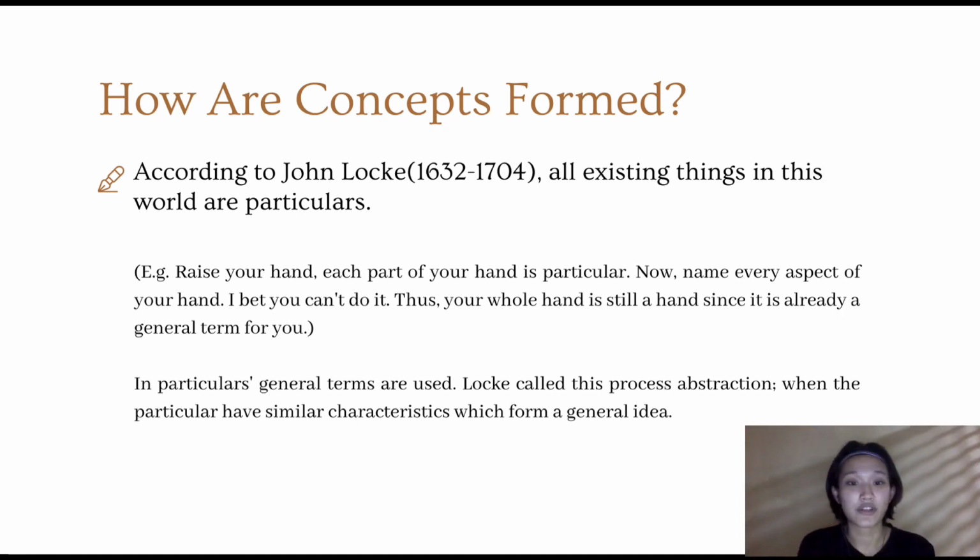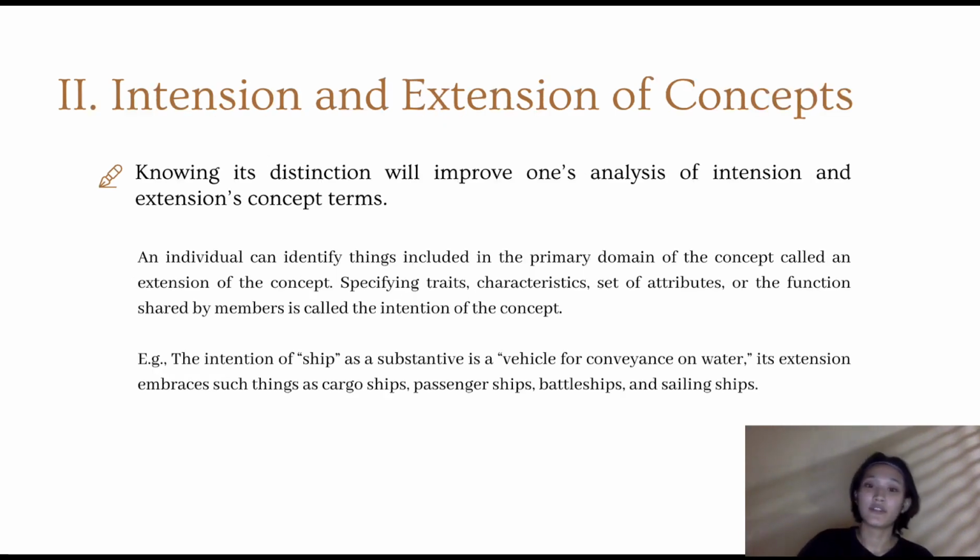Next, we have intension and extension of concepts, which will provide an understanding of the difference between intension and extension. Having the knowledge of its distinction will improve one's analysis of concept terms. Philosophers of language have agreed that every term expressing a concept can be analyzed from two aspects. An individual can identify things that are included in the main domain of the concept, called the extension of the concept.